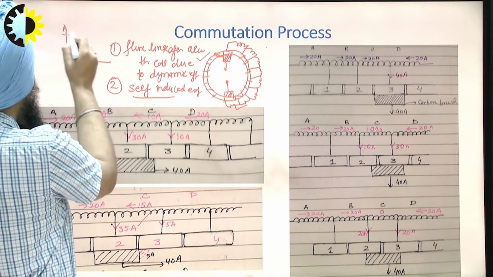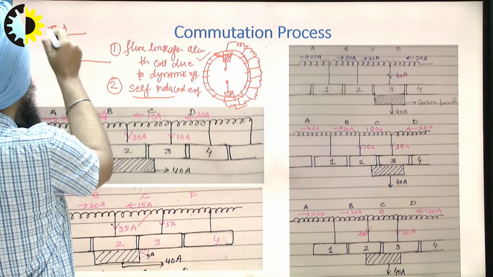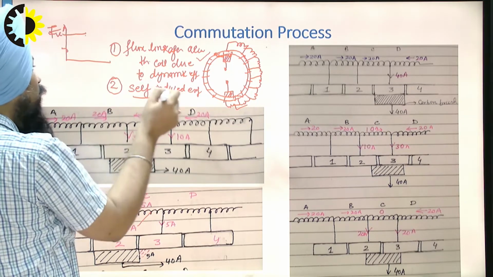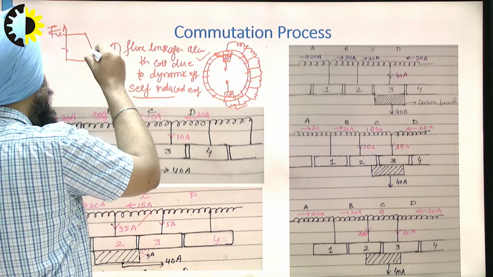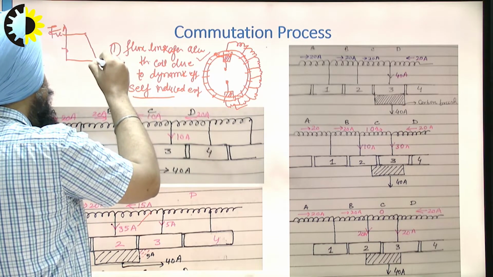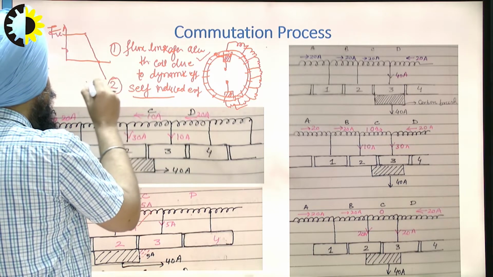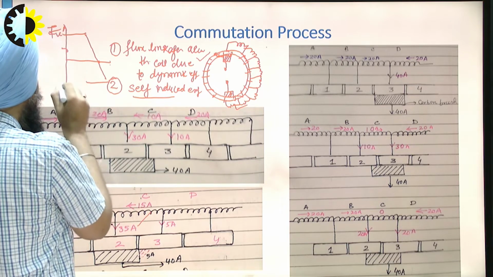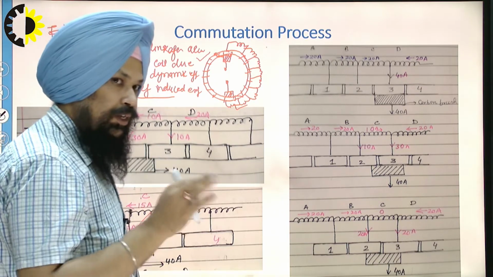Let us suppose the current is in the positive direction, positive I, and when it comes through the carbon brush position, its current reduces, reaches the zero level, and then reaches minus I. Or you can say current reversal, or commutation, takes place in that particular coil.